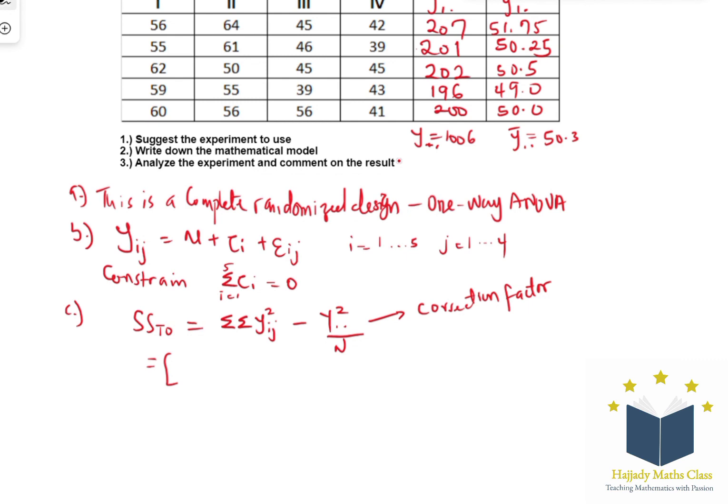So here, I'm having 56 squared plus 64 squared up to the last individual observation, which is 41 squared, minus y dot dot, which is 1006 squared, over capital N.